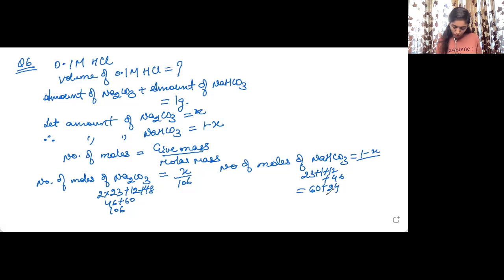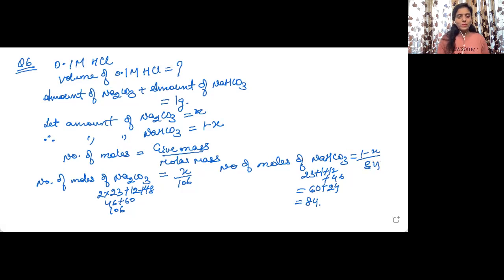It's coming out to be equal to 106. It's true. 23 plus 1 plus 12 plus 48. It's coming out to be equal to 84. Okay. So don't laugh at me. Okay. I'm like this only. So this is the number of moles of sodium bicarbonate.